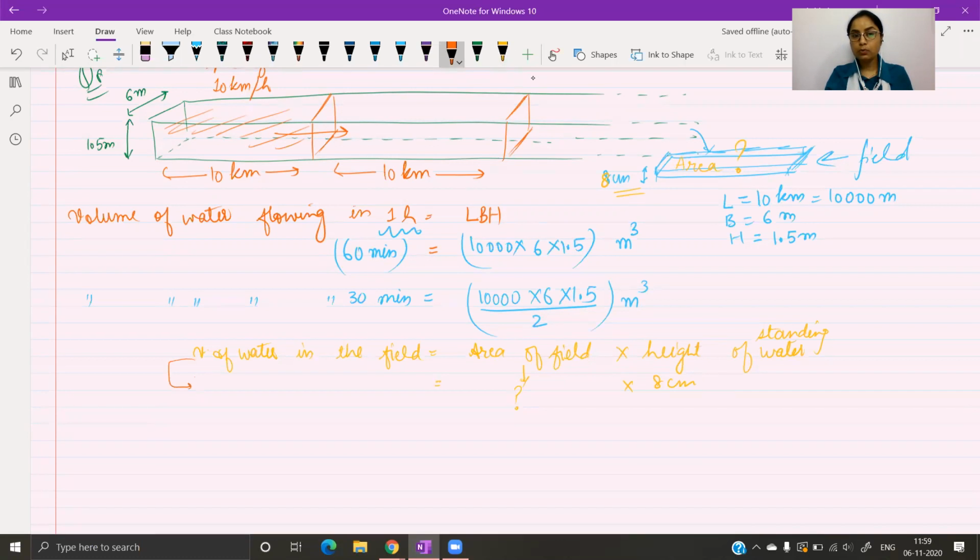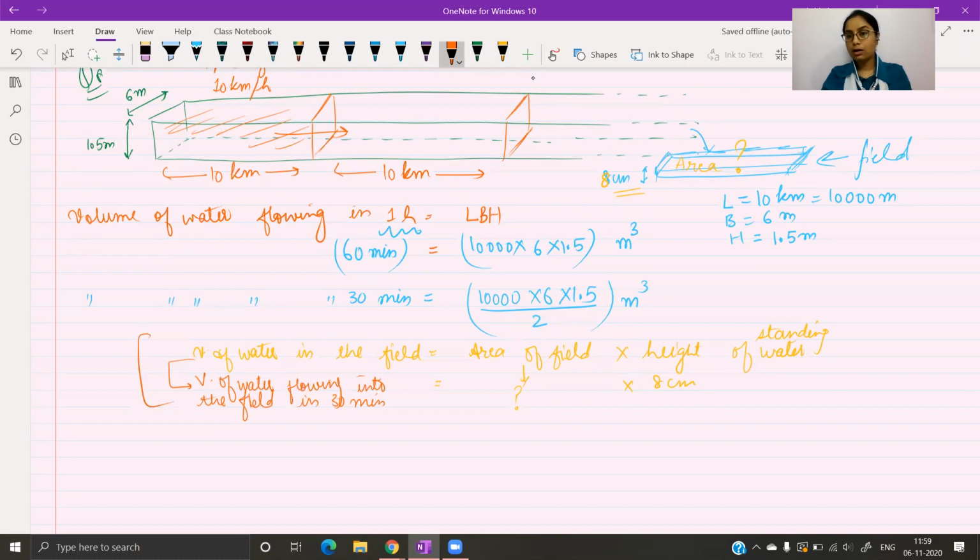तो this will actually be equal to volume of water flowing into the field in 30 minutes. So you can use this relation in order to find out the area of the field.